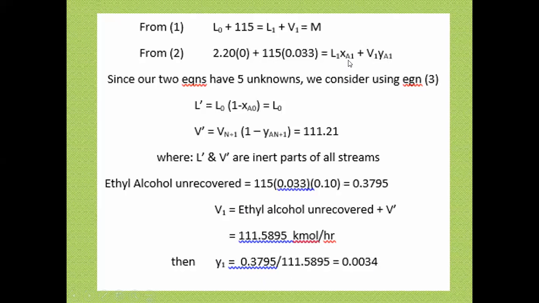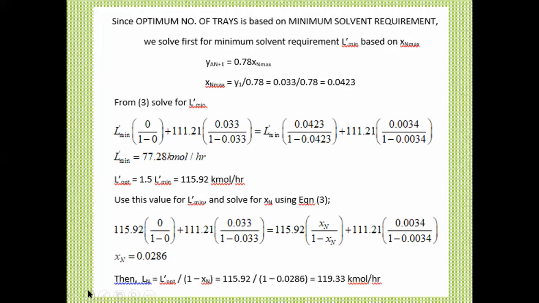So in this case, now we know already the YA1. The next thing that we need to determine is the XA1 if possible. But if not, we will express XA1 in terms of YA1. In this case, since the optimum number of trays is based on minimum solvent requirement, we solve first for the minimum solvent requirement, L minimum prime.